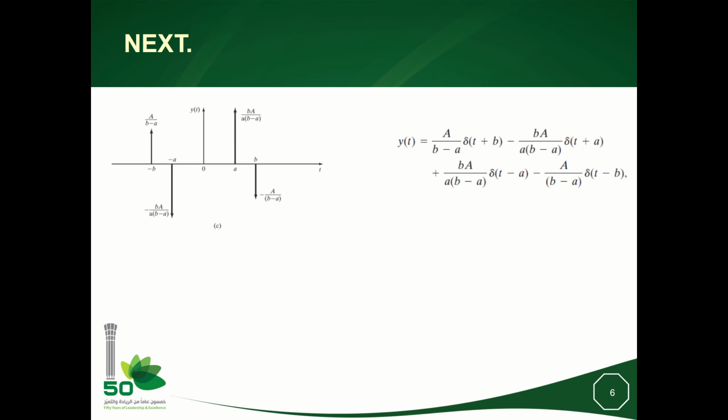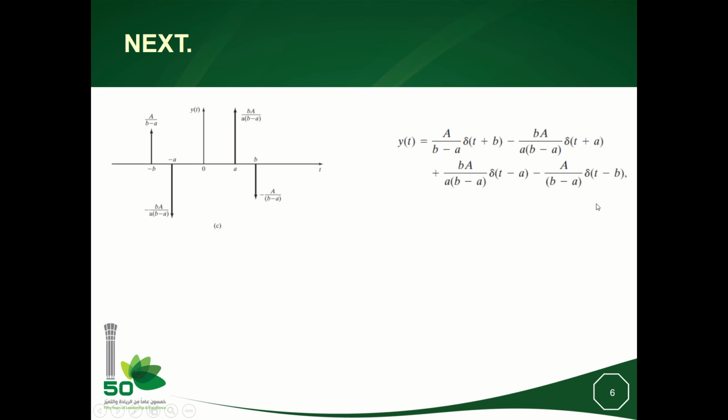So we will start by calculating the Fourier transform of the signal yt. We can write yt as a sum of Dirac functions located at minus b, minus a, plus a, and plus b.